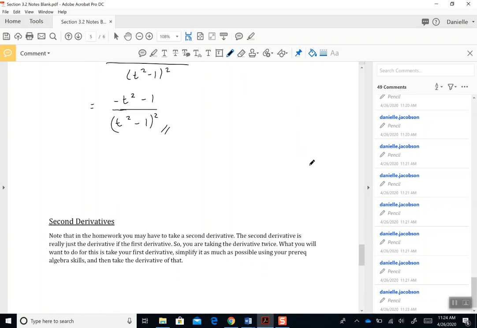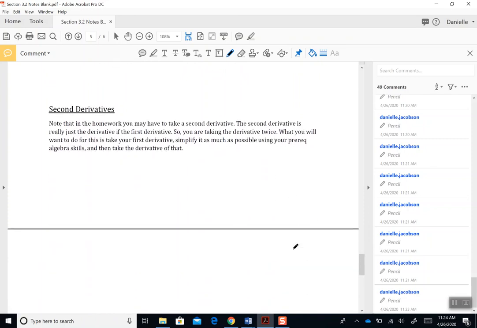Other thing I wanted to note is that in this section, they asked you to take second derivatives. All right, a second derivative is really, maybe I'll write this out a little bit, the derivative of a first derivative, which I think you've actually seen at this point, but let's do a quick example. If I have f of x is equal to 3x squared, my first derivative is going to be 6x.